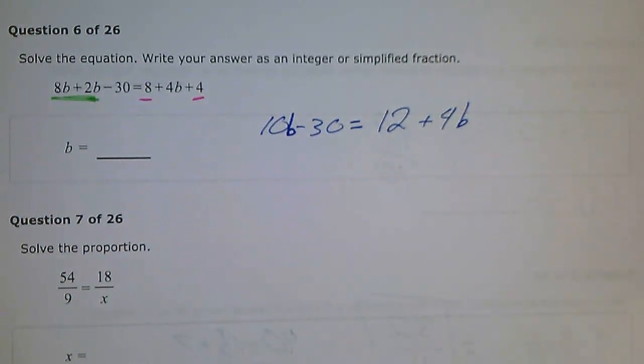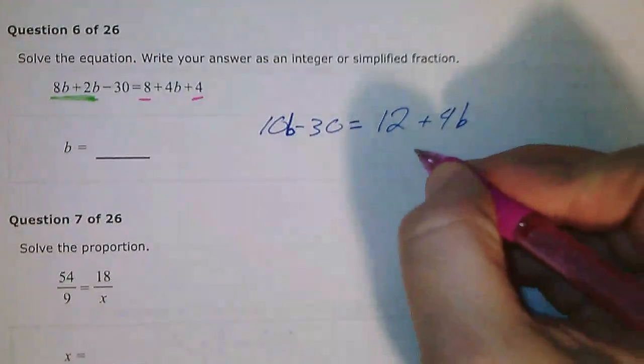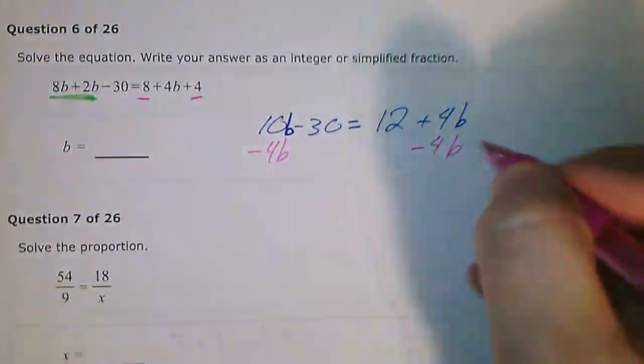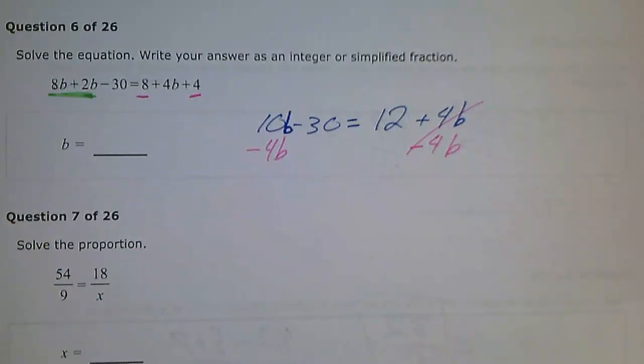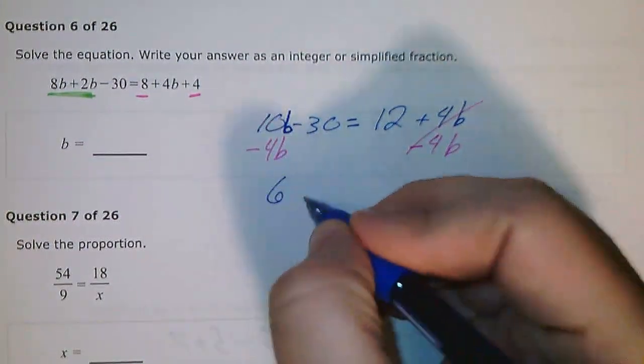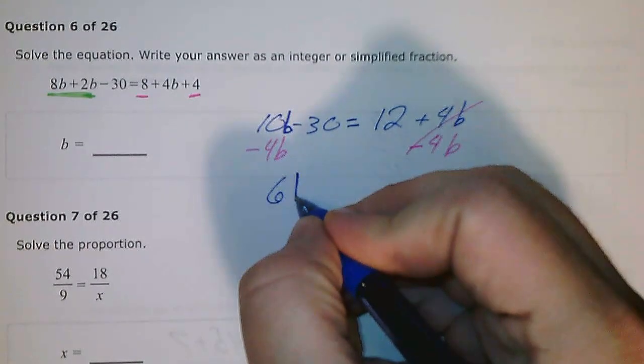From here, there are a few different things we can do, but most students like to see the variables on the left. So we want to get all of our variable terms on one side. 10b minus 4b is 6b.